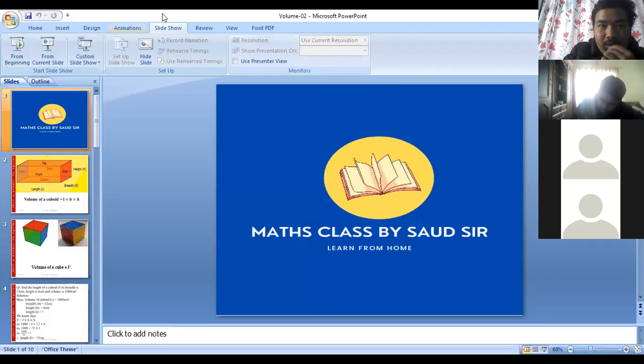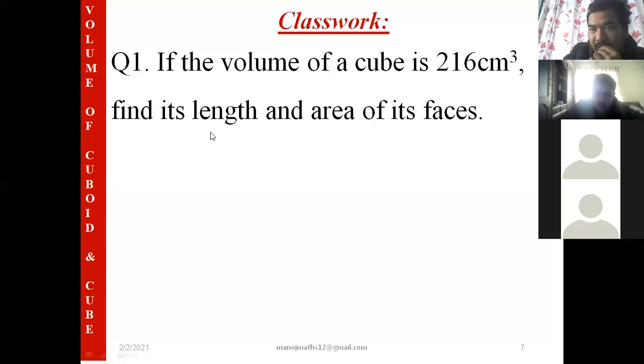When you find out length, we have to write length equals to cube root of volume, because volume equals L cube. Then if cube cancels, the other side will go cube root.